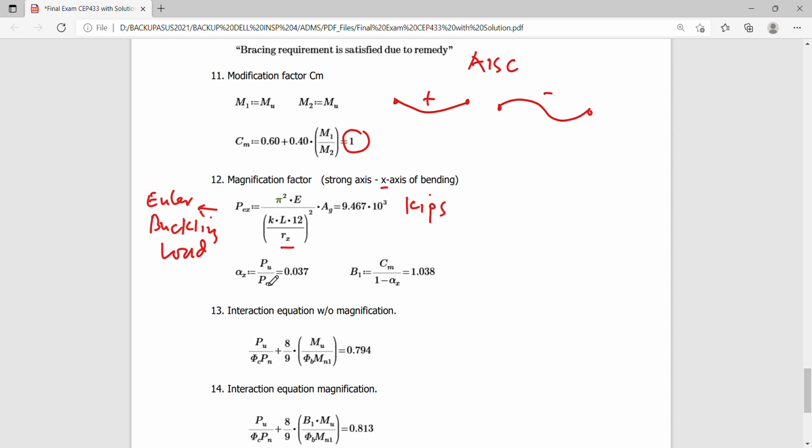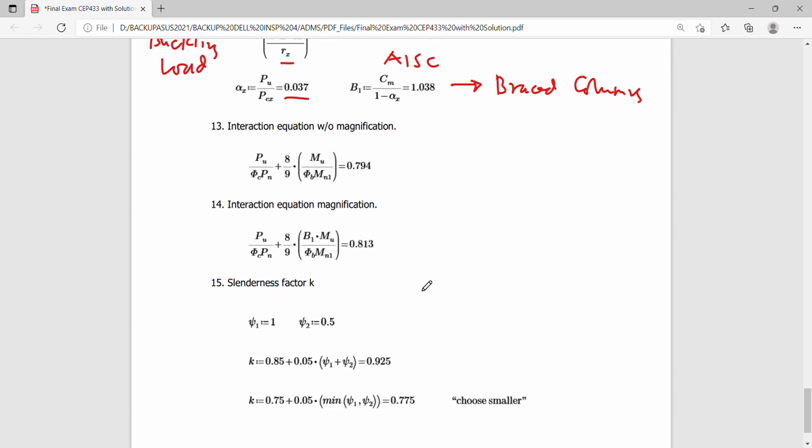This will be used in getting your alpha, or alpha x in the direction of x bending, which is equivalent to P over Pex, so this is 0.037. Using the AISC formula for B1 for braced columns or braced frames, we get now the value of 1.038. To get the interaction equation without magnification, we simply ignore first your B1 here to get a value equivalent to 0.794, and here we put the value of B1 and check whether it will still be safe.